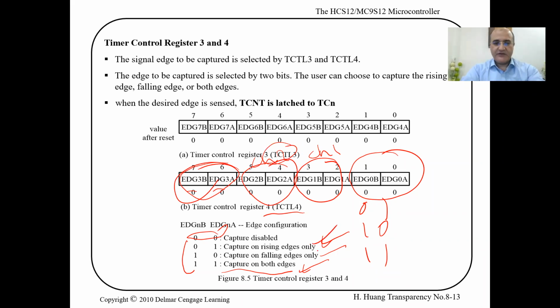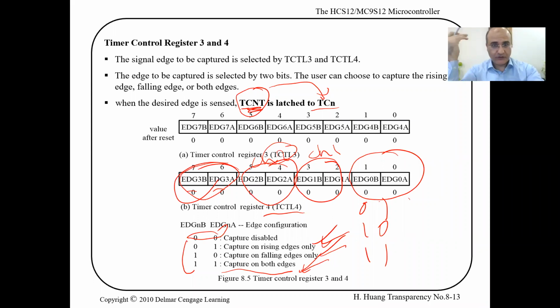Whenever this happens, the rising or falling or both edges according to your configuration, the value of the TCNT counter will be latched to the timer channel capture or compare register that is also 16-bit. And we said last time, if you forgot, that the TCNT counter or timer is running in the background.